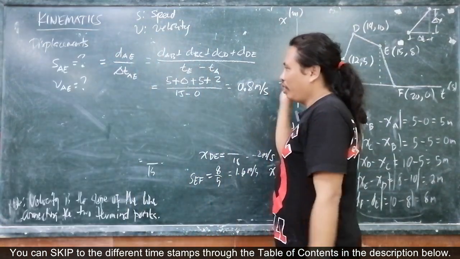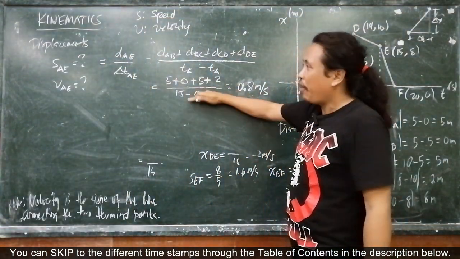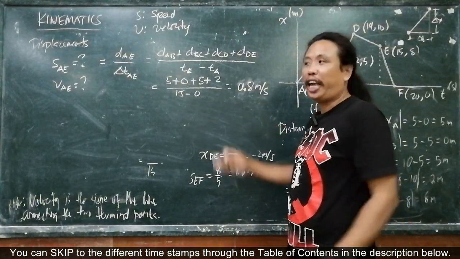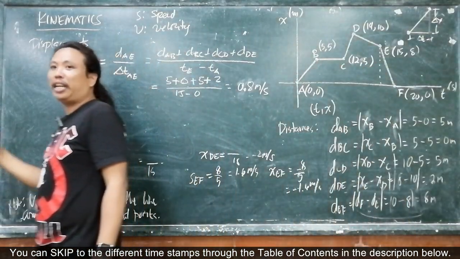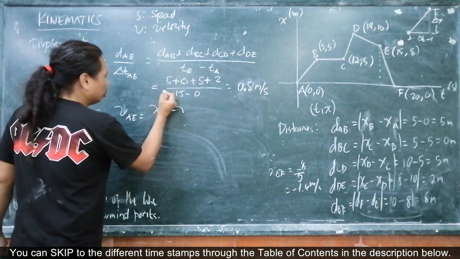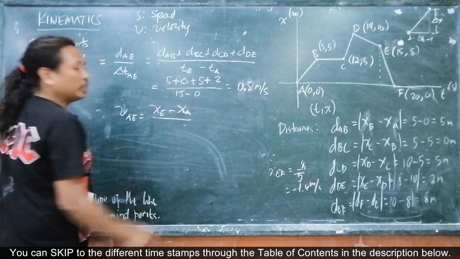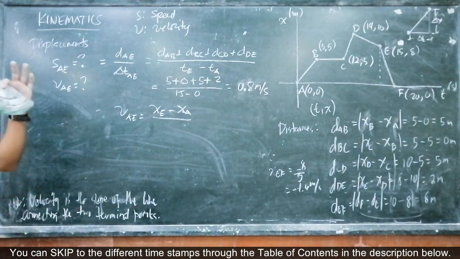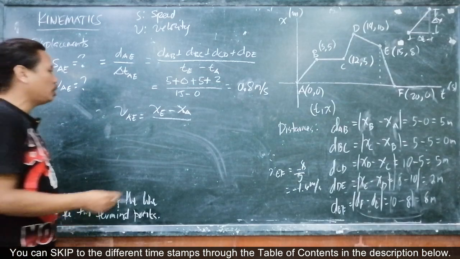Right? Now, we calculate the average velocity. This is the average speed and the average velocity, and we will interpret the difference between them. This is XE minus XA. Velocity does not depend on the path, but only depends on the final state. This is just final minus initial.